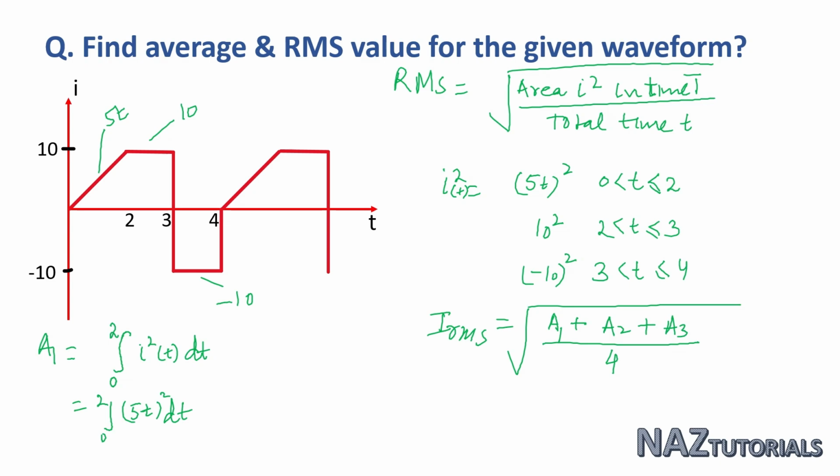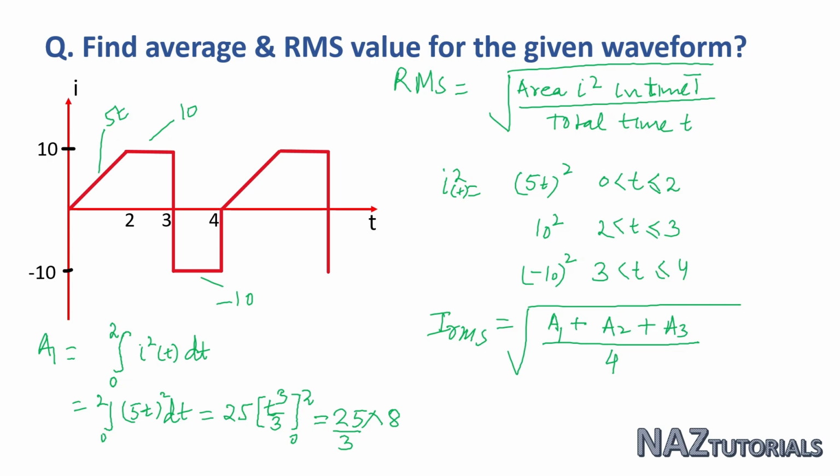So this is 5 square is 25, and the integration of t square is t cube divided by 3 for the limit 0 to 2 seconds. Now this is calculated as 25 divided by 3 into 8.